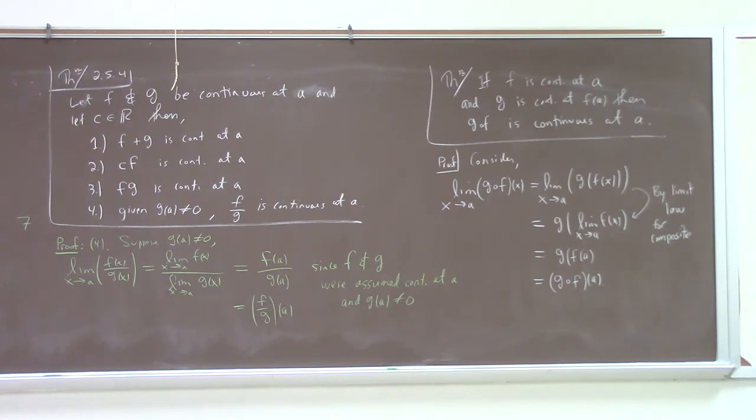Now, what's the limit as x goes to a of x minus 3 squared? Well, you may or may not remember this, but one of the things I told you last time is the limit of any polynomial. If p of x is a polynomial, the limit as x goes to a of p of x, what was it equal to? You just take the polynomial and you evaluate it at a, right?